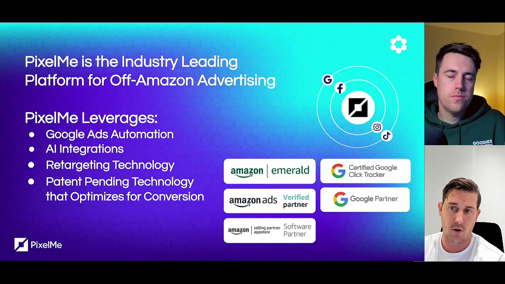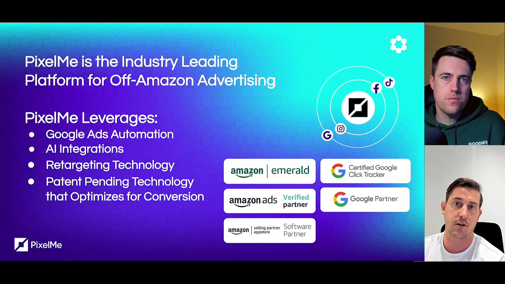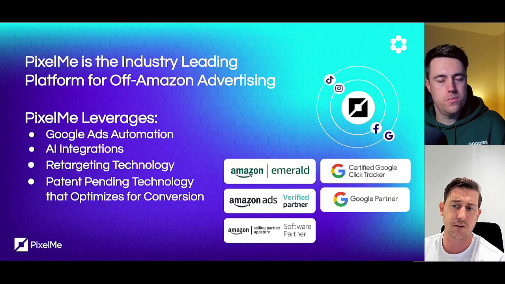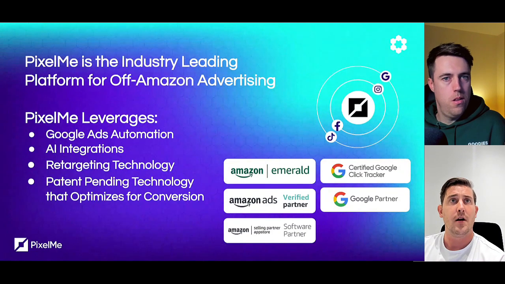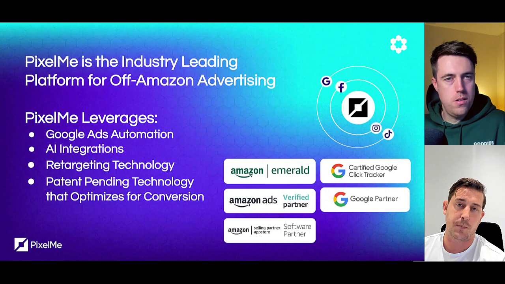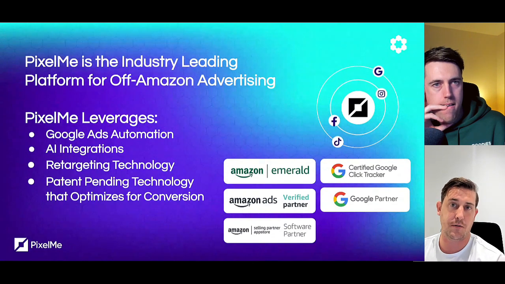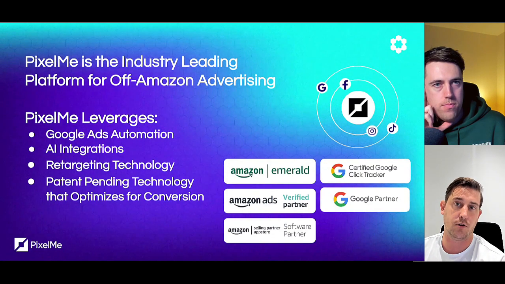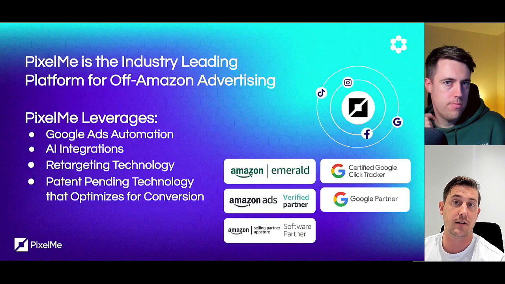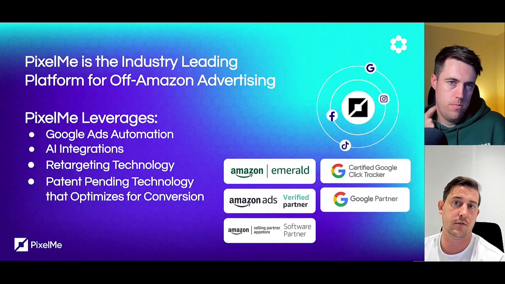Amazon attribution came along. Now you could start seeing, did it turn into an add to cart? Did it turn into a conversion? The next step is what PixelMe has taken, which is what D2C stores do. If you own your own website, take Amazon out of the equation for a second. You send back to Google the information every single time telling Google, this click that came from Google to my website turned into nothing.